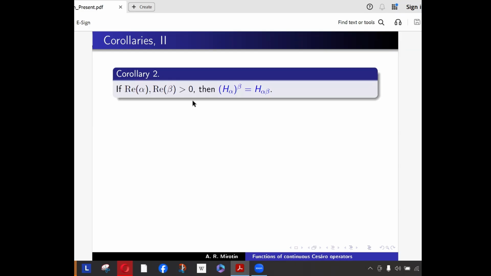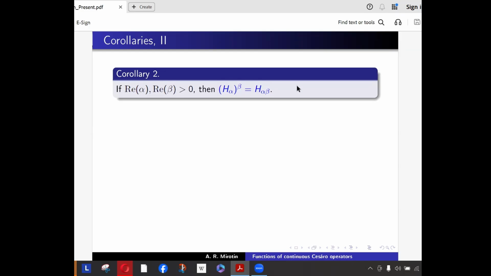Next, we have the following property of the Hölder operator: H alpha to the power beta equals H alpha beta.